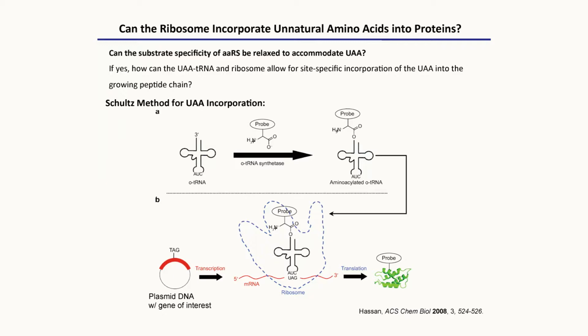This plasmid DNA can be transformed into, say, E. coli that has this machinery here. We can have transcription to give the mRNA that is from this plasmid DNA, and then imagine translation such that this unnatural amino acid is incorporated.